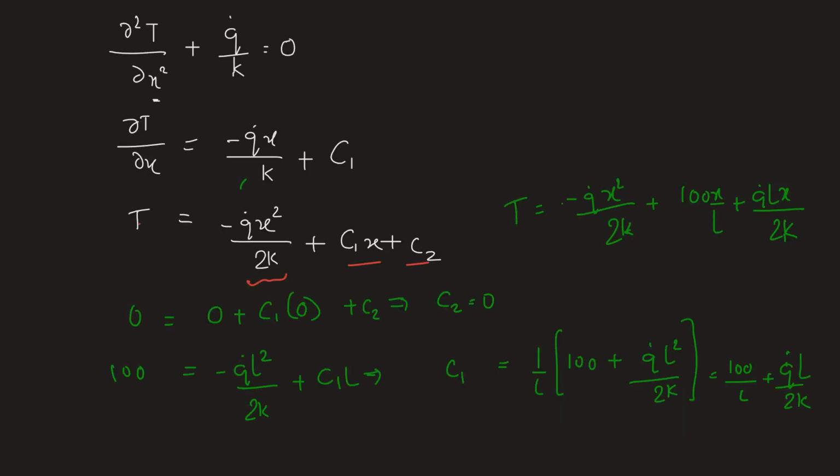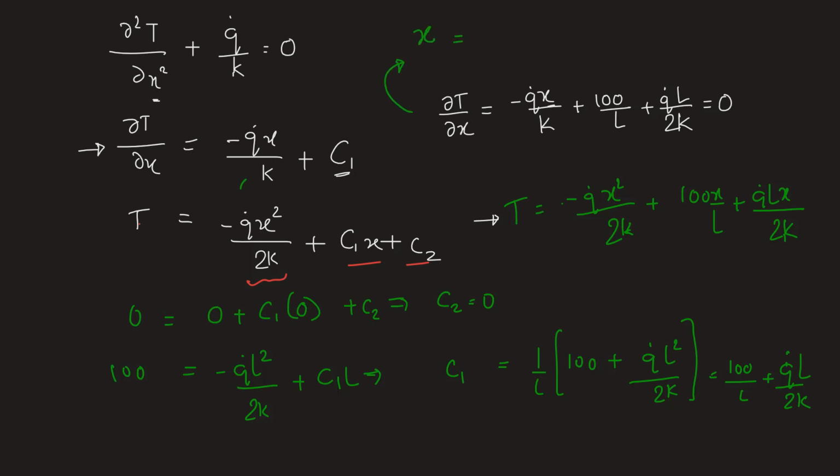Now to find out where the maximum temperature will occur, at what value of x, if we put the value of C1 here, dou T by dou x will be equal to minus Q dot x by K plus C1, which is 100 by L plus Q dot L by 2K. So from here we can get the value of x by rearranging.